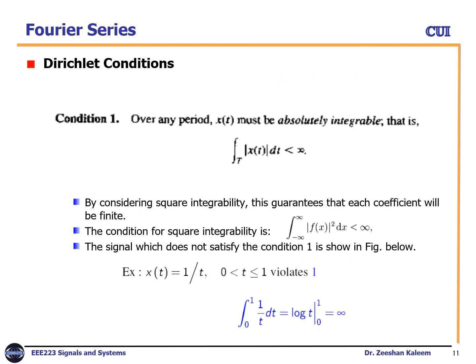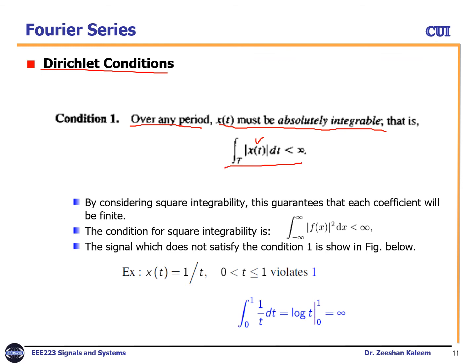Let's discuss the Dirichlet conditions. These are the important conditions. If the signal satisfies these conditions, then it means that the Fourier series is valid. For example, condition 1: over any period, the given signal must be absolutely integrable. You have x of t, you take the absolute value and then take the integral of that signal.